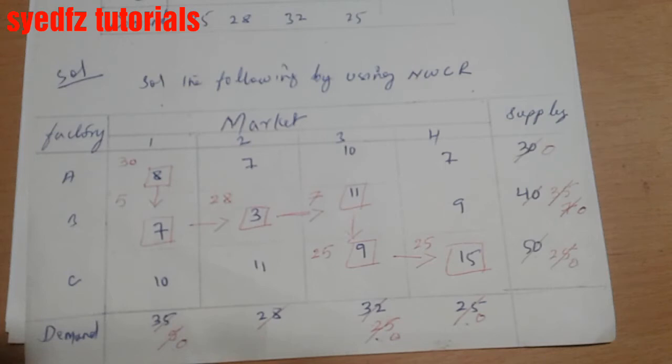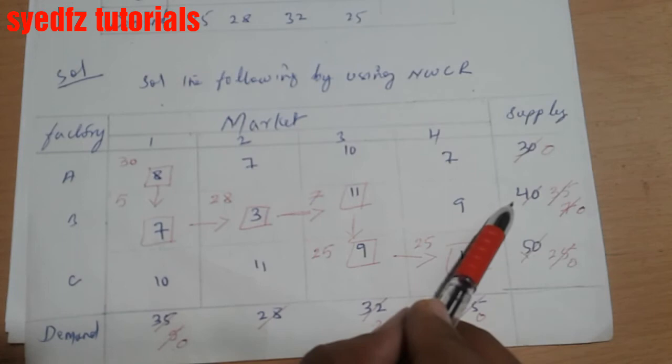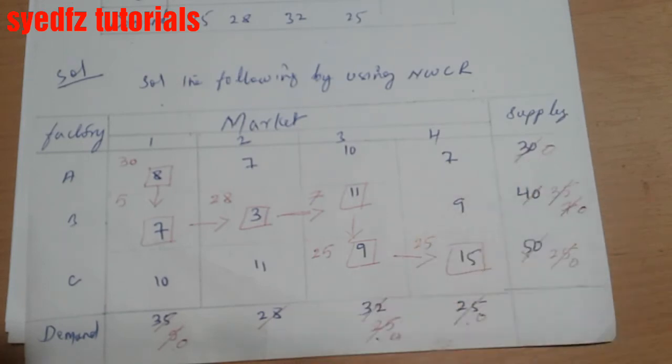Before that, always remember, whether it is for any rule, demand and supply should match, otherwise an unbalanced matrix will appear. For example, 50, 40, 90, 30, 120, and 35, 25, 40, 50, 60, 60, 90, and this is 120, which means it is a balanced matrix.